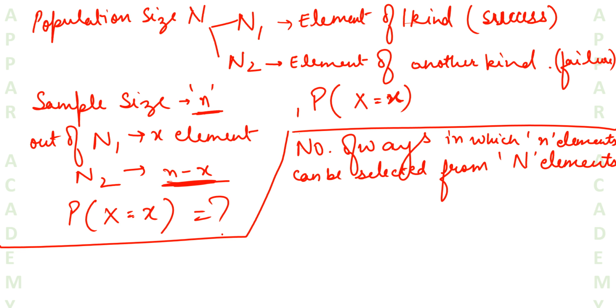So this is simply the concept of combinations. We need to find n elements out of N elements. This can be simply said as N C n, right?